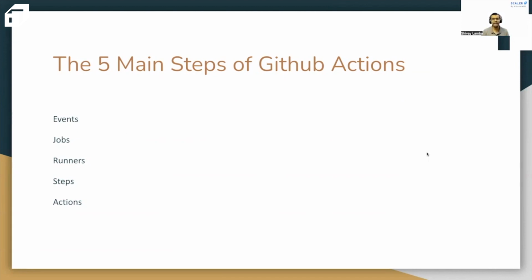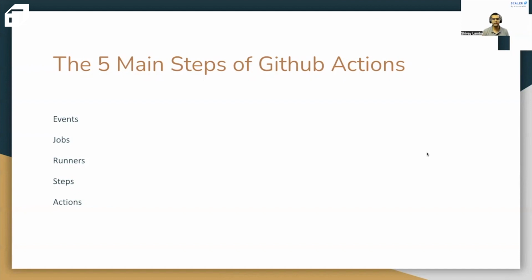Now, the event is a specific activity that triggers the workflow run, such as creating a pull request. And then a job is a set of steps within a workflow that you execute inside of a runner. Each step that you define is either a shell script that will be executed, or an action that will be run.